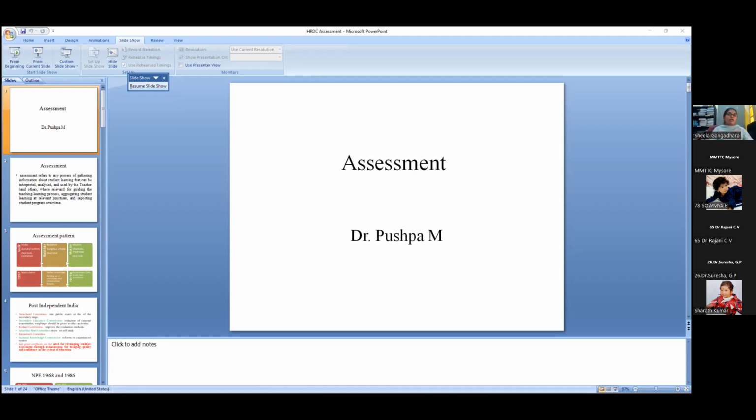Therefore, NCF is one of the main parts in the assessment of learning, which provides implementation strategies based on the recommendations of the policy documents. So till today we have 1, 2, 3, 4, 5 national curriculum frameworks.